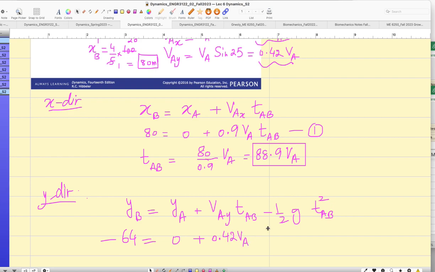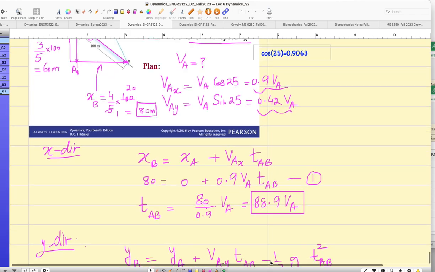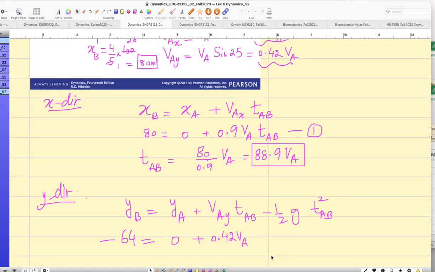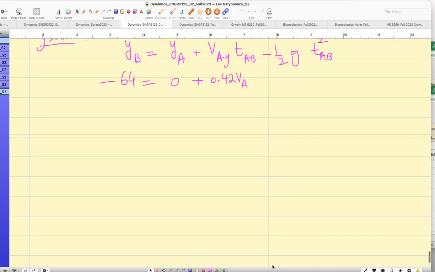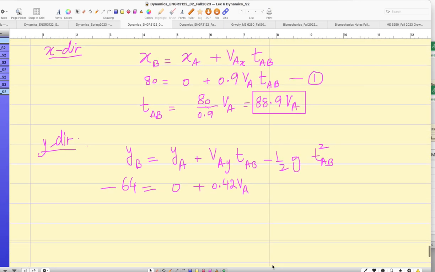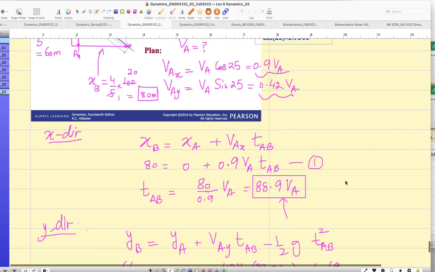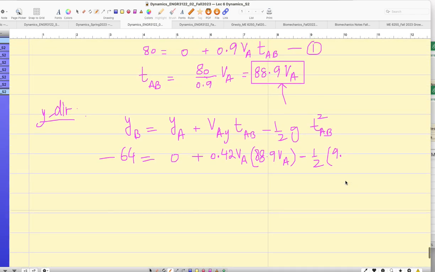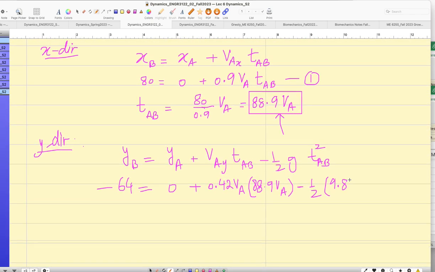What is TAB in terms of VA? It has not been given, but we've already found it from the previous equation. So can I write 88.9 VA? Negative 1/2 times 9.81, since it is in the SI system, times 88.9 VA whole squared.